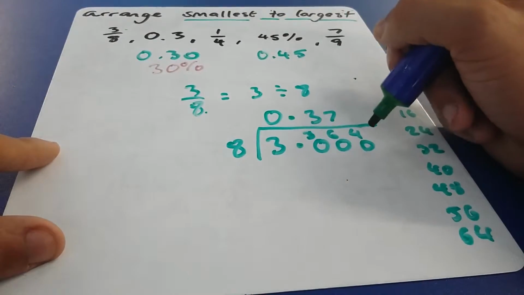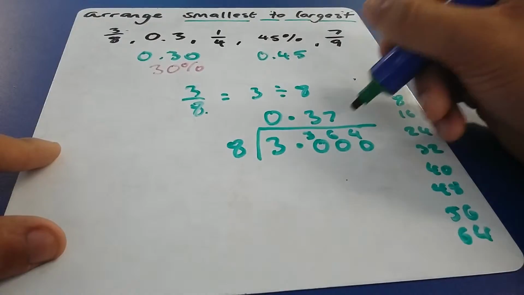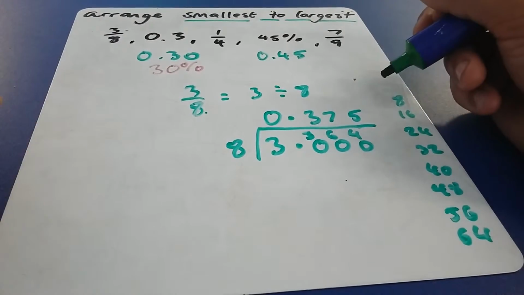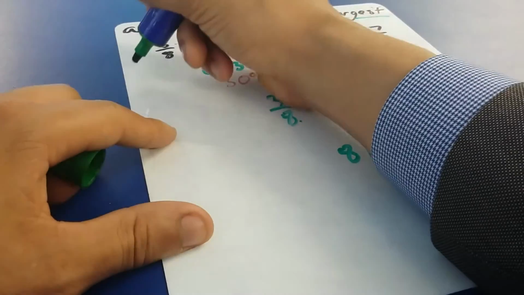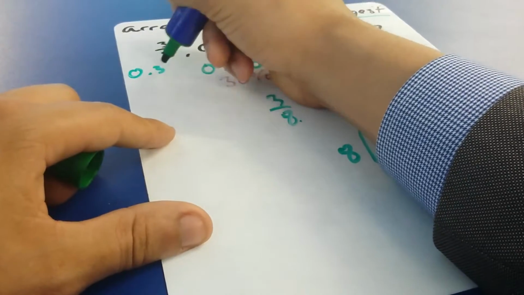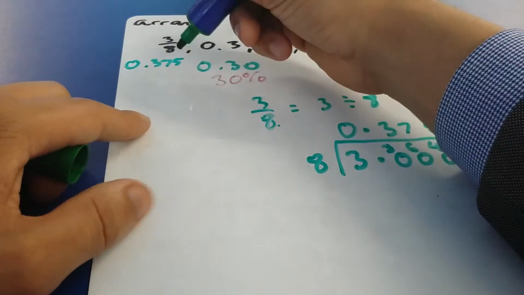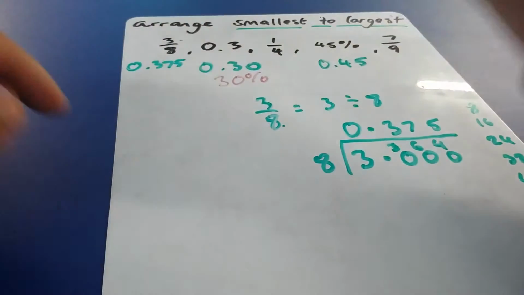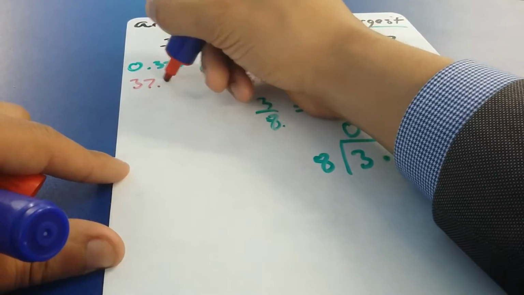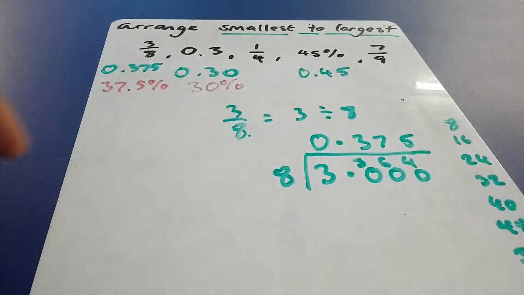And 8 goes into 40 1, 2, 3, 4, 5 times exactly. So that's 3/8 is 0.375 as a decimal. And as a percentage, you times that by 100, which will get you 37.5%.